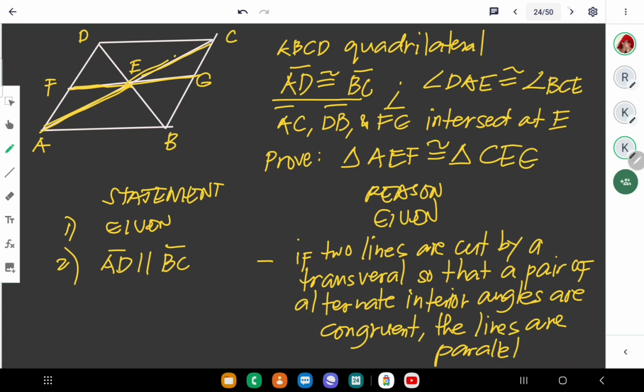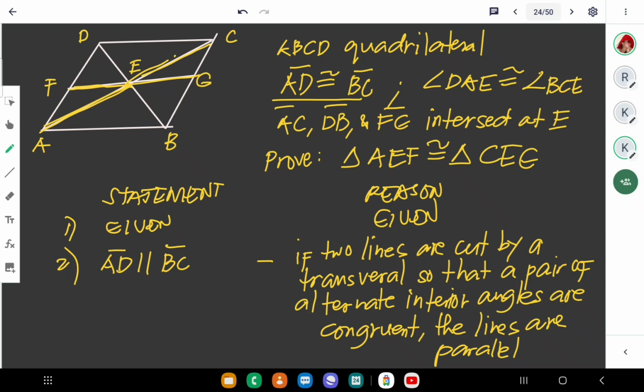So what are the sides that are included in those two triangles, triangle FAE and CEG? We have side AE from the diagonal of a parallelogram. The diagonals of this parallelogram bisect each other.